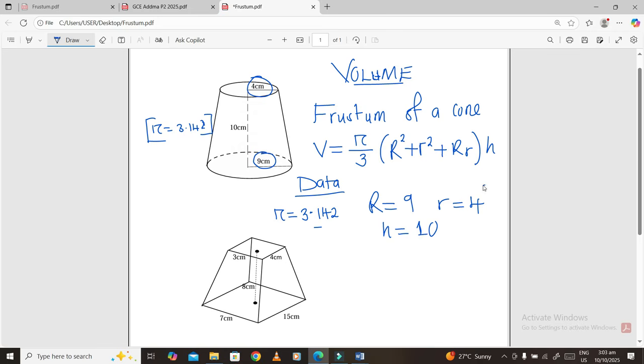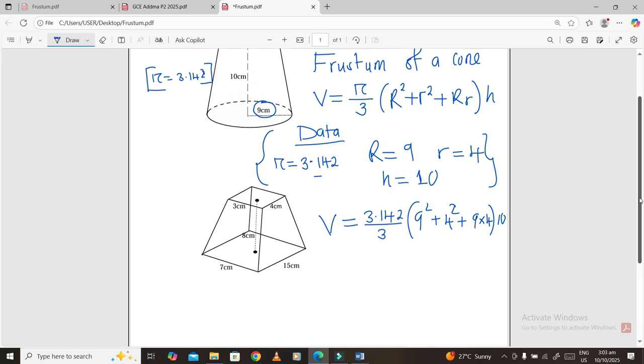Once you gather this data, put it in the formula. V is equal to 3.142 over 3, open bracket, 9 squared plus 4 squared plus 9 times 4, and then for h is 10. So that's it.